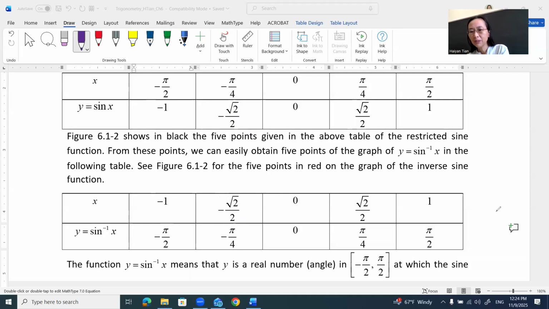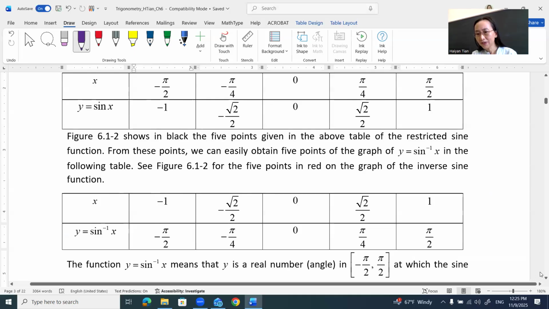So the second table is found quickly from the points of the sine function. So this is a table for inverse of sine. So we get 5 points for the inverse sine function. And then we try to show the 5 points.